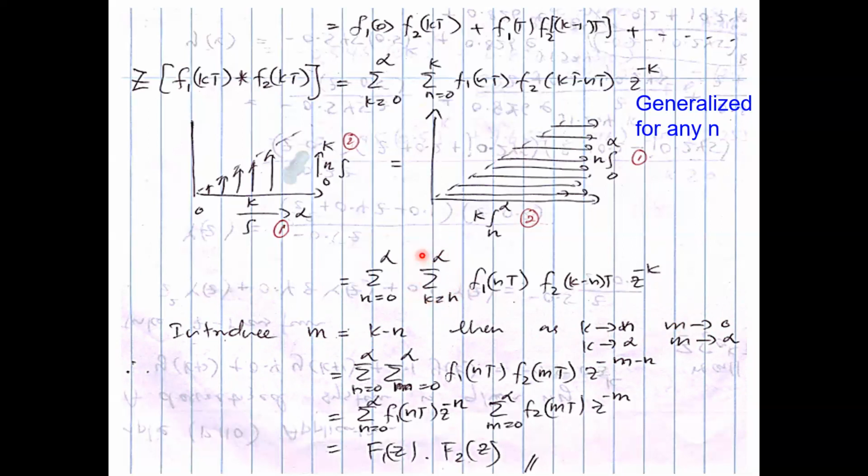So you take the second summation, replace k with m, and the limits are 0 and infinity. That is what you have written here. This whole thing, you write like that.